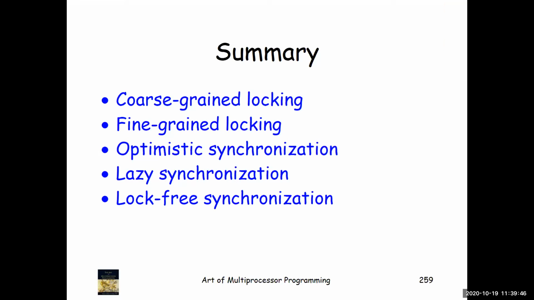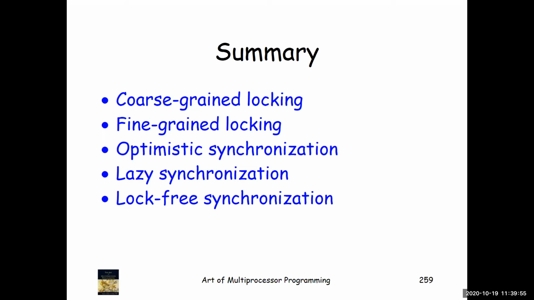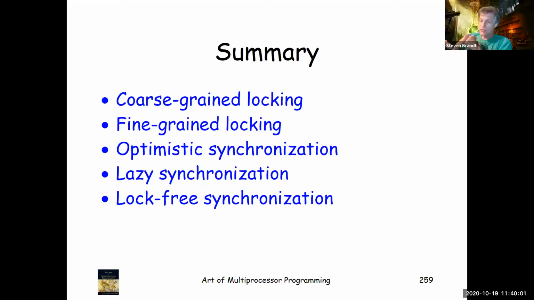The validation. And how does it validate? By having to do a search down the list anyway, without acquiring locks, just to make sure that you can reach it from the head. Right, it retraverses the list, and traversing the list twice could be expensive, especially if it's a long list.